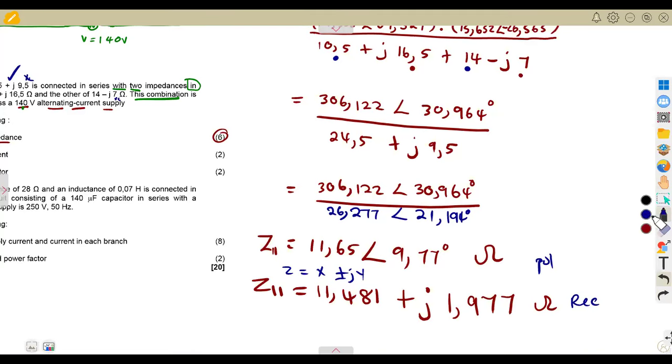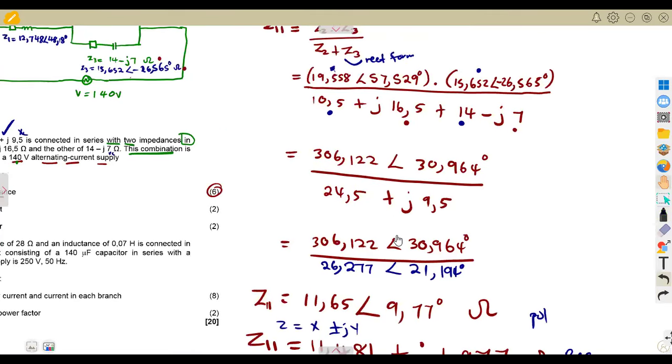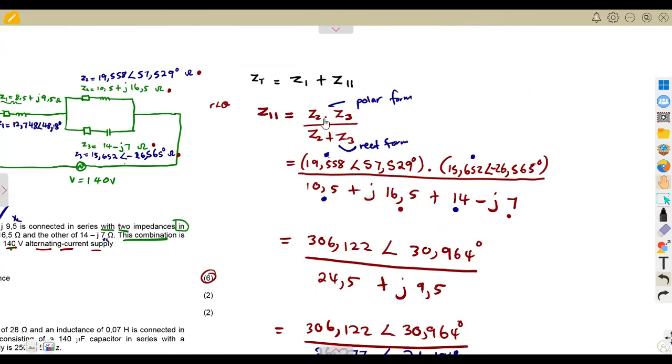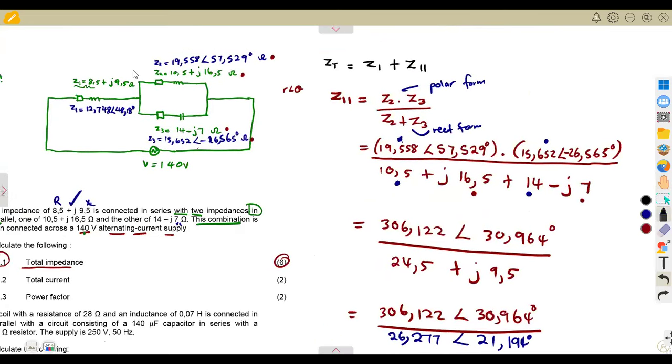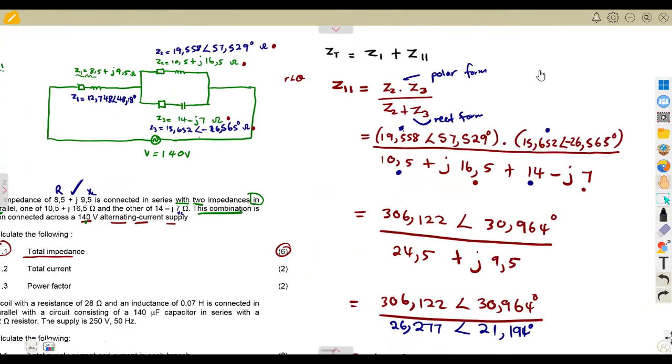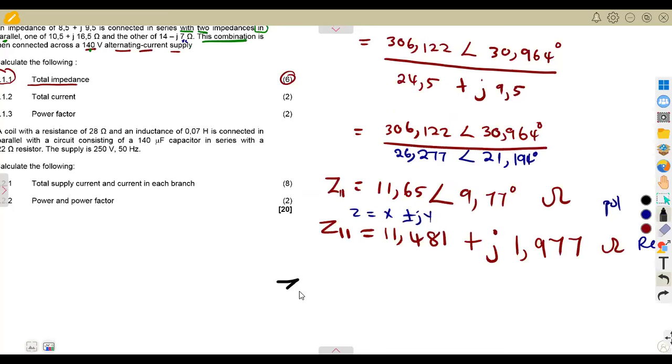So now we can calculate our total impedance, because we said the total impedance is Z1 plus Z parallel. Because this is now a single impedance, these two will be in series. So you have to add now. So ZT was going to be Z1 plus Z parallel.